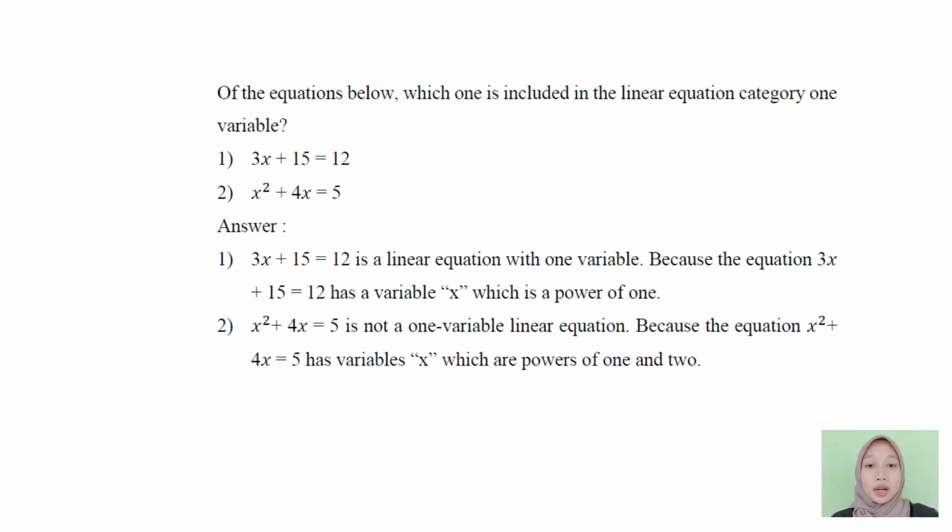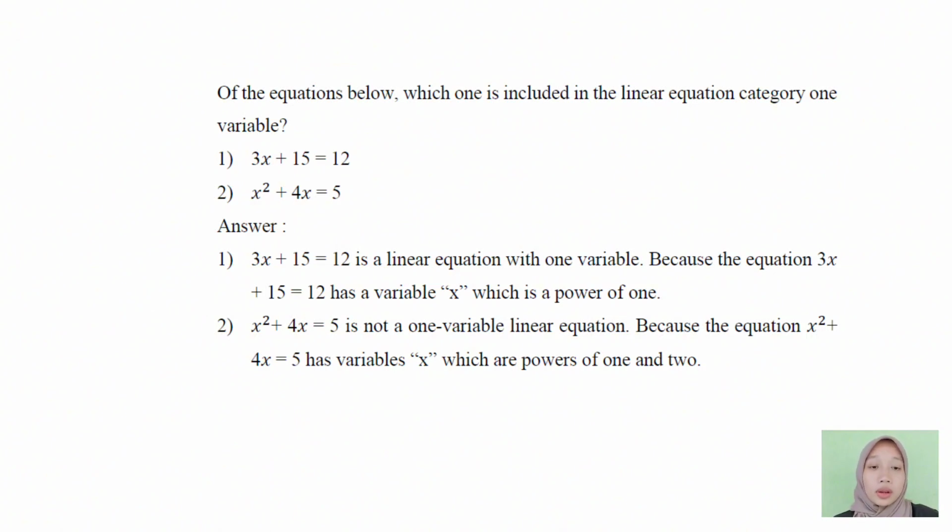Of the equations below, which one is included in the linear equation category in one variable? Point 1, 3x plus 5t equals 12. And point 2, x squared plus 4x equals 5. Answer: point 1, 3x plus 5t equals 12 is a linear equation with one variable, because the equation 3x plus 5t equals 12 has a variable x which is a power of 1.